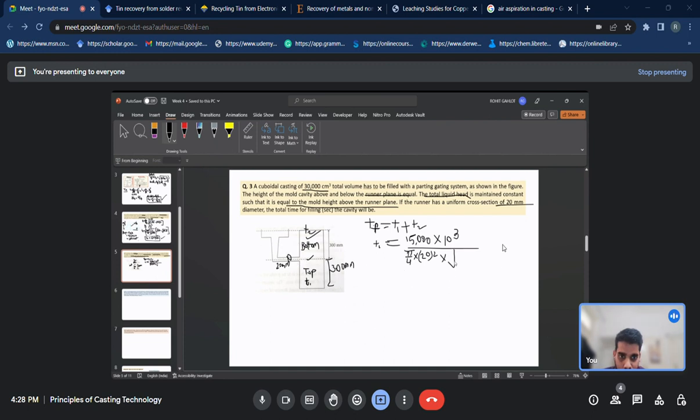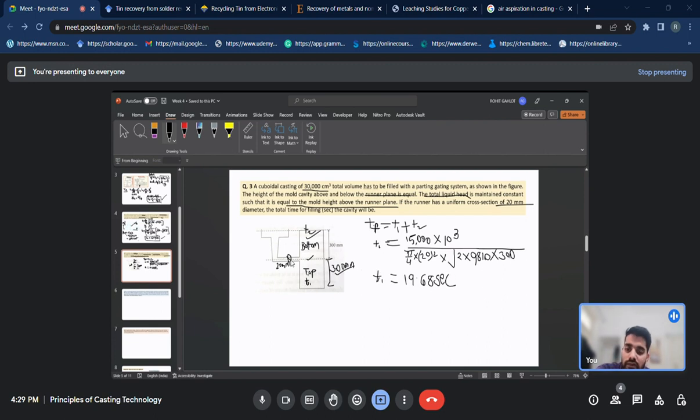Here velocity will be root 2 times g, which is 9810, times the height which we need to fill, 300 mm. So here T1, if you calculate, you will get 19.68 seconds.